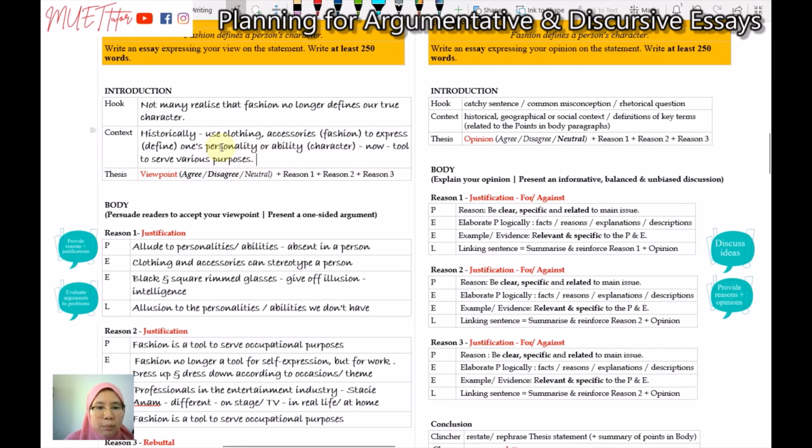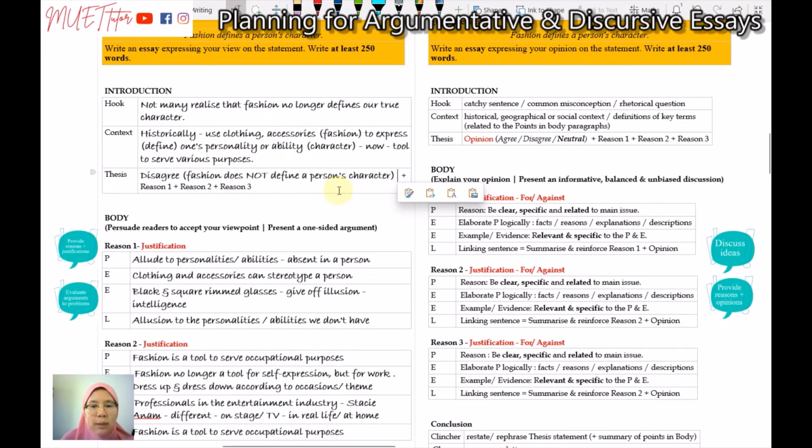Here, your viewpoint or opinion, if you're writing an argumentative essay, you state it, and you must follow it with the question's statement. Fashion does not define a person's character, because you must agree or disagree with something.